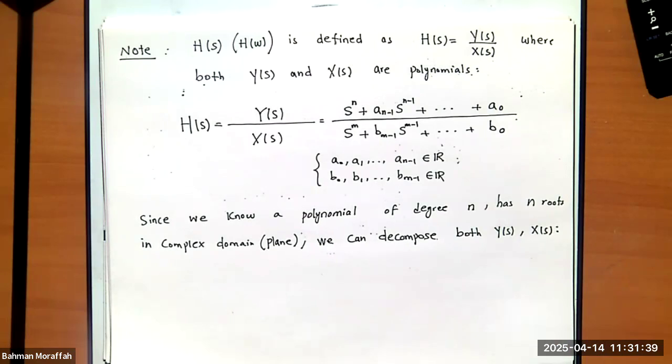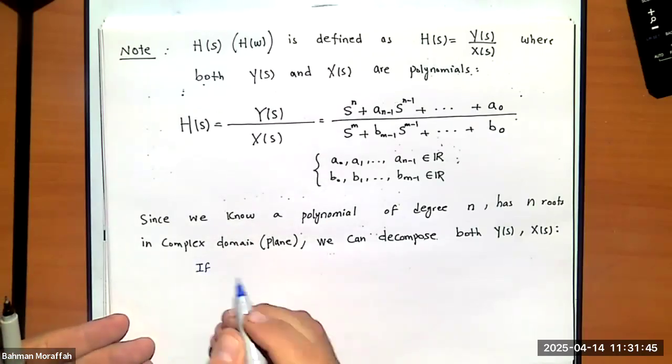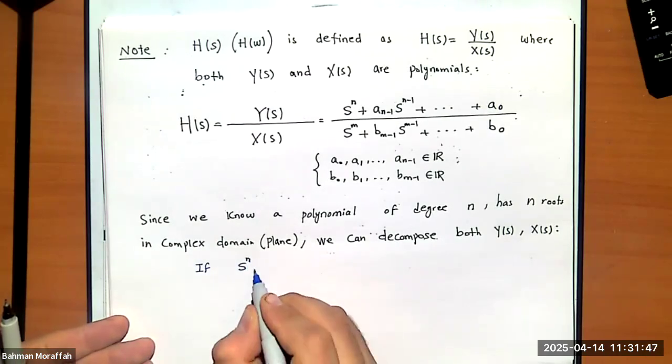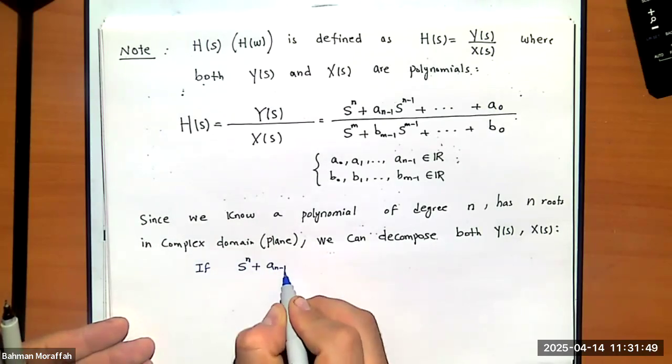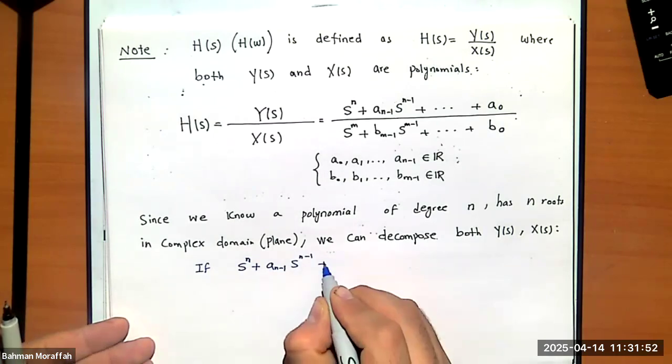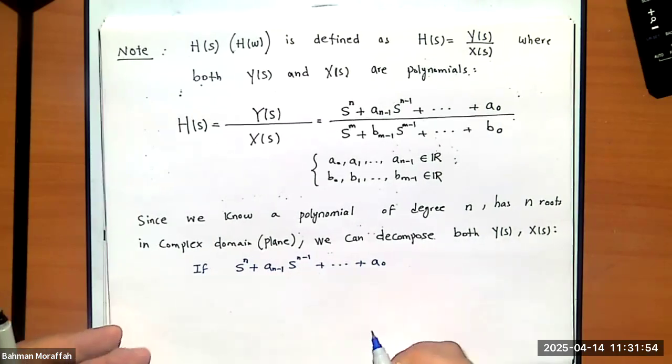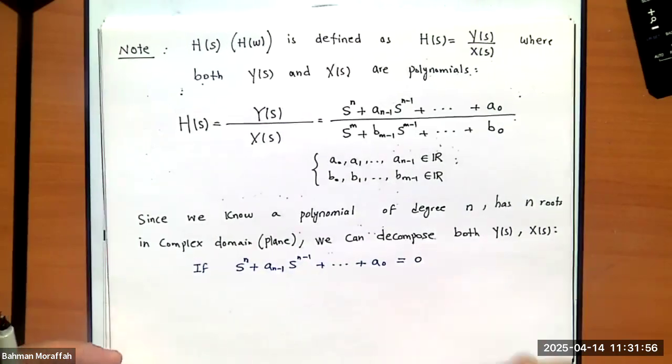Types of roots, right? So if I have s to the power of n plus a n minus 1 s to the n minus 1 all the way to a naught, and this equals 0, I have two types of roots. One type is just a real root, right?